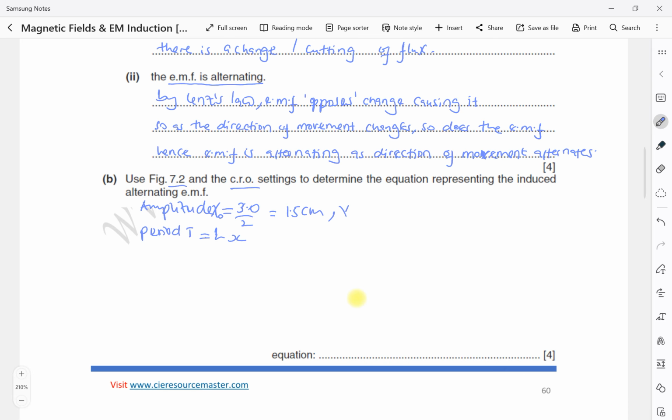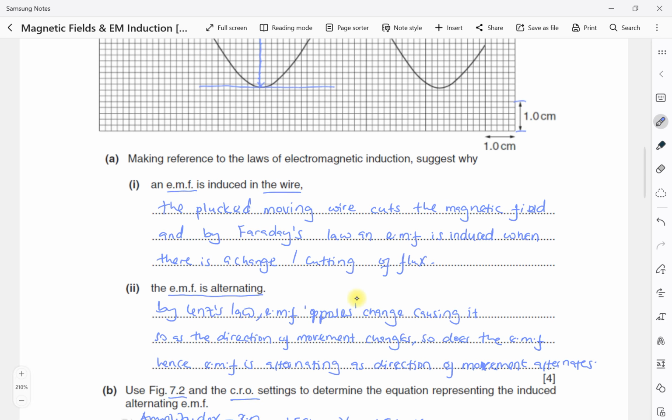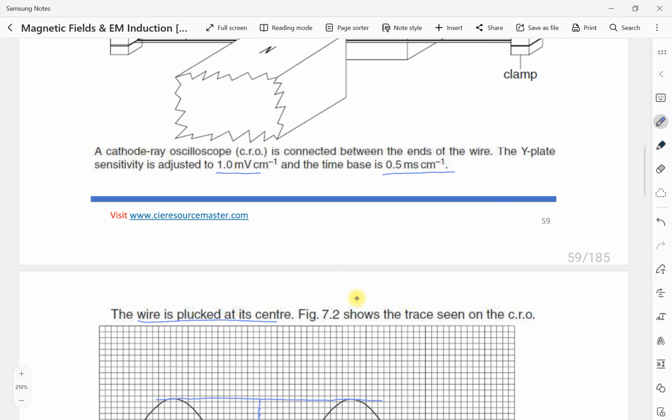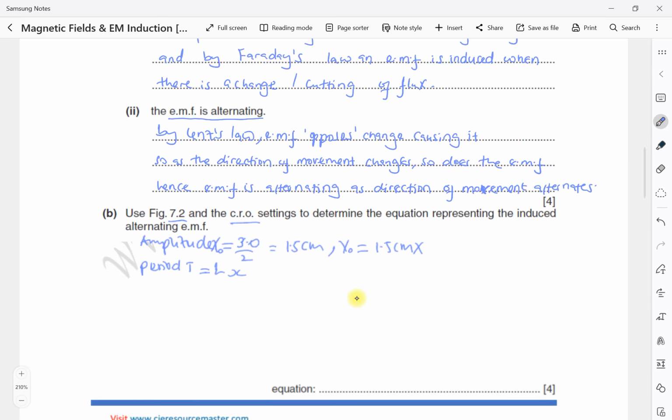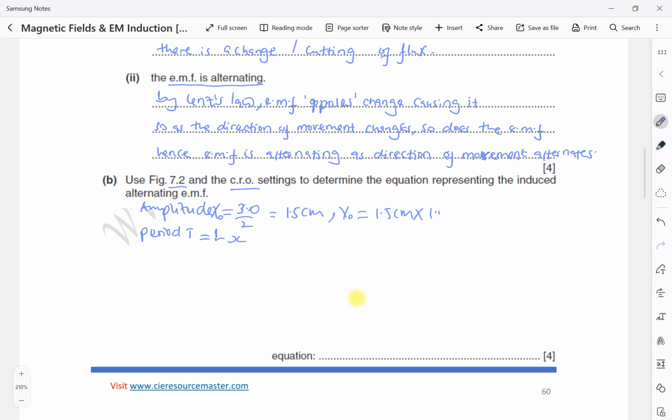So here the amplitude V naught is going to be 1.5 centimeters times the voltage setting. The voltage setting was 1.0 millivolts per centimeter, so this is 1.5 millivolts, sorry, millivolts not volts. That is the maximum voltage.